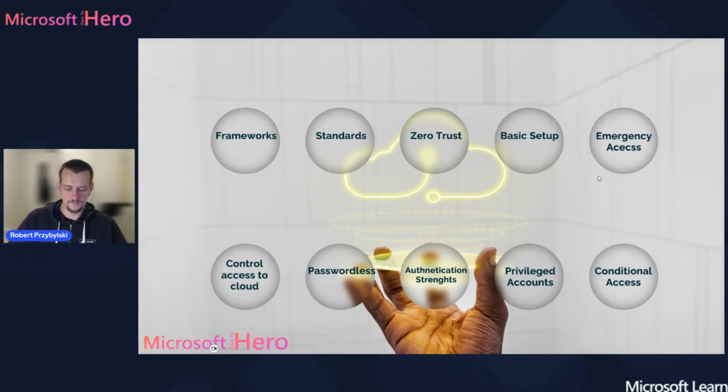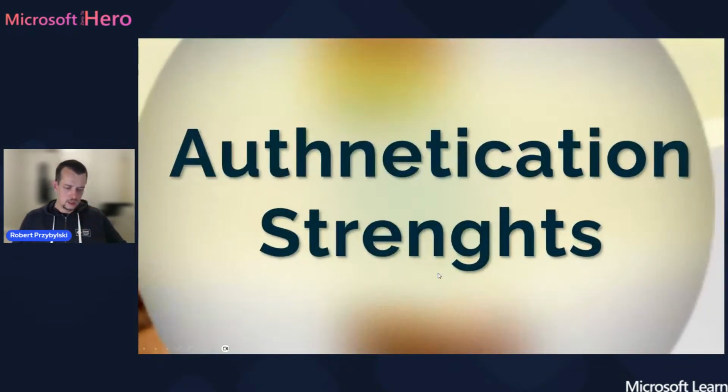On the next slide, I would like to highlight something which is close to the passwordless, to the breakless account, and the security of the highest privileged accounts like global admins, security admins, VIPs, C-level, and so on.